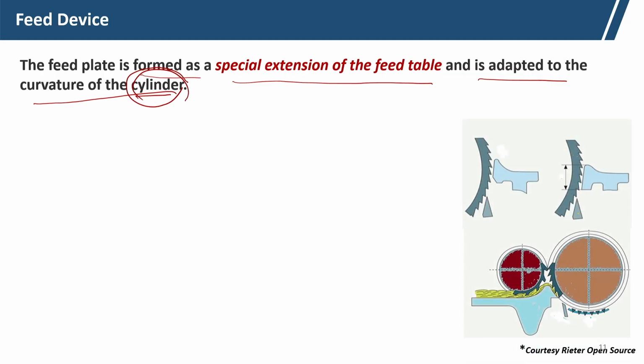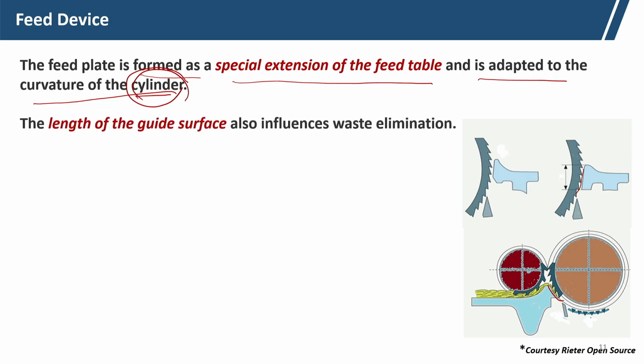Now, you can see here that the curvature is holding the fiber. The length of the guidance surface also influences the waste elimination.